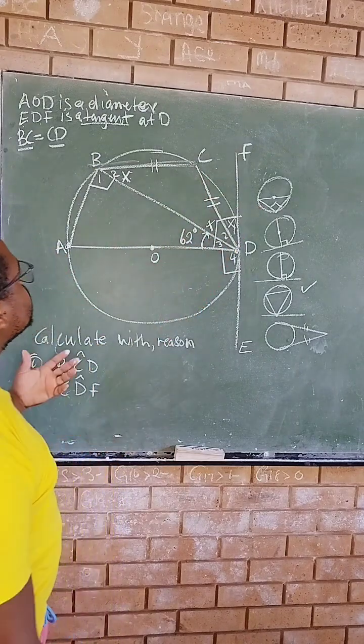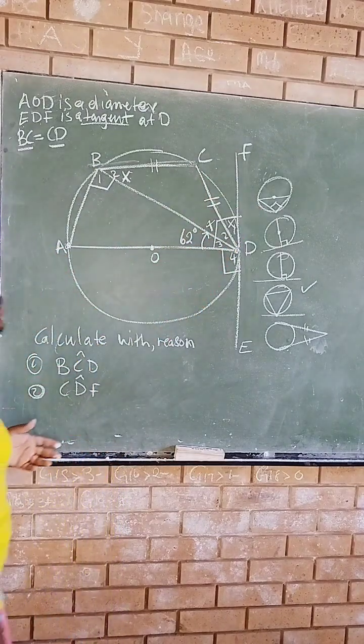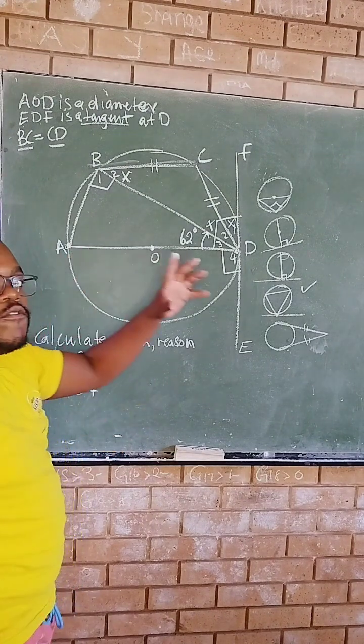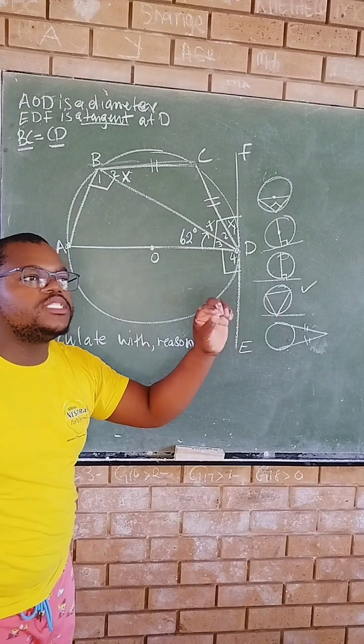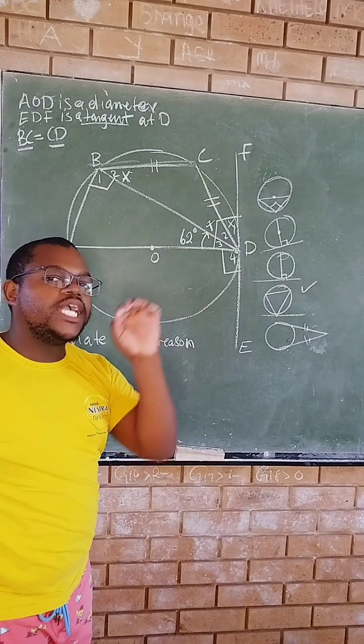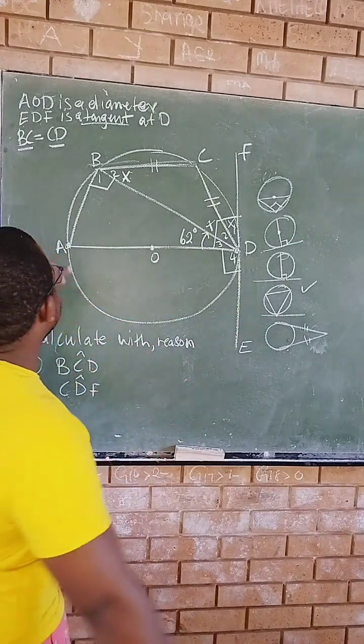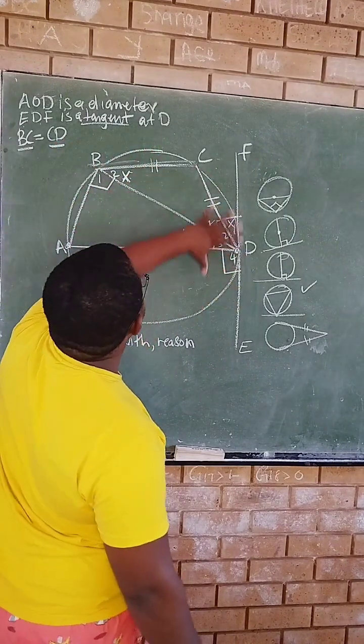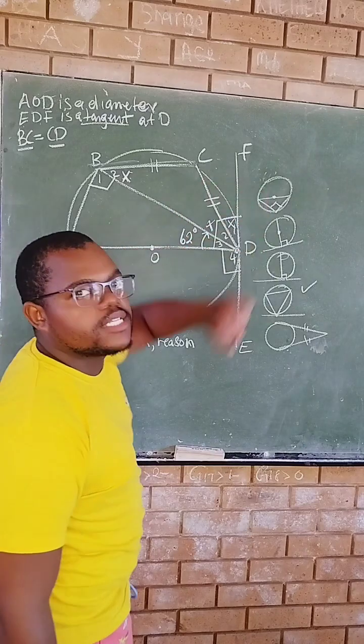And again, they never talk about another thing that we know here. If we have four vertices on the circumference, that is a cyclic quad. We have 1, 2, 3, 4. That means this whole thing is a cyclic quad.